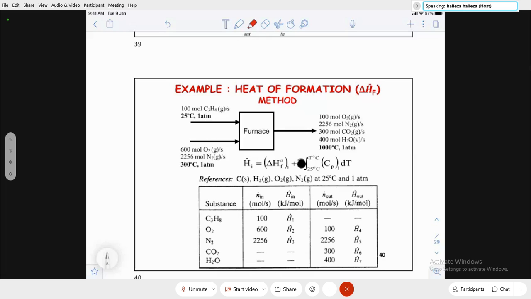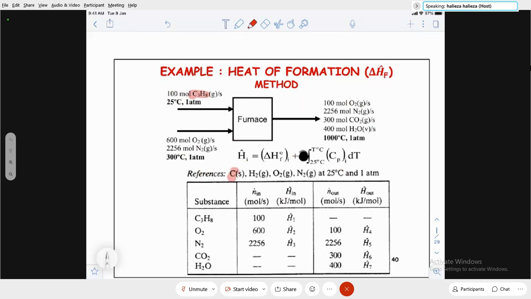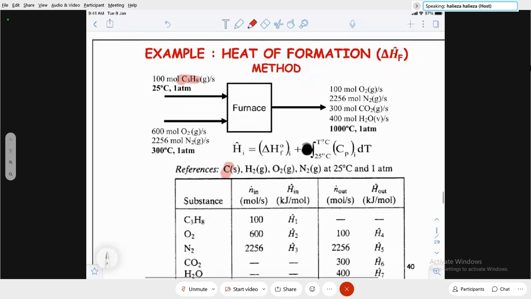So, for example, in this example that we talked about yesterday, the reference state must be carbon because you have propane there. When you have propane, you have carbon and hydrogen. Hydrogen occurs naturally as hydrogen gas, carbon as a solid. So your reference state must be from the elements that occur naturally.